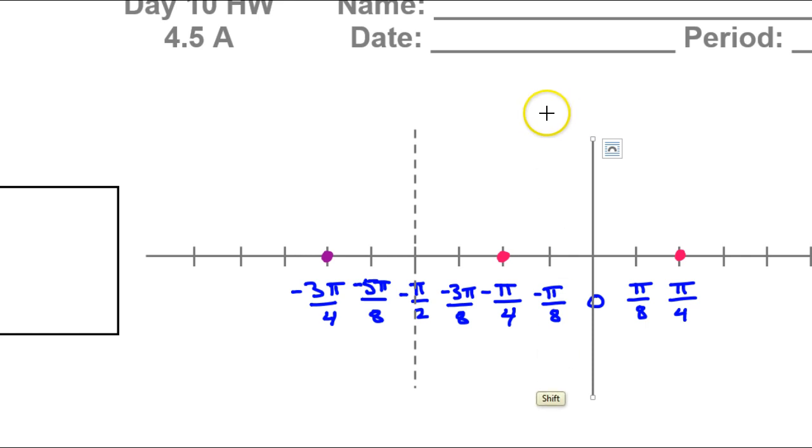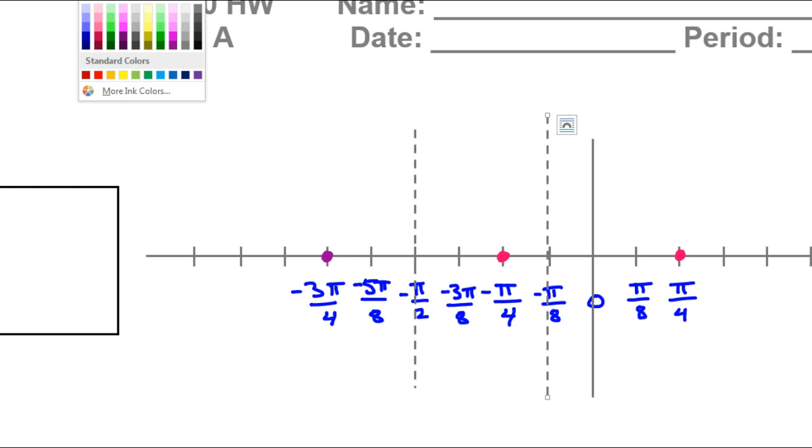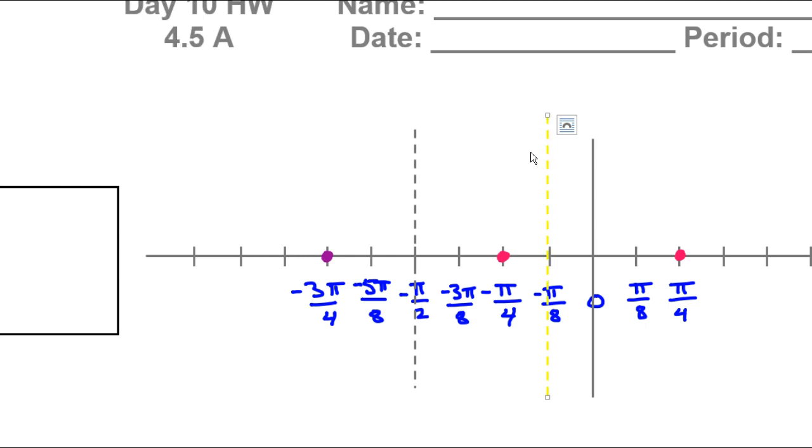Alright, but the point is I have a vertical asymptote and the y-axis kind of in the same place. Alright, but I'm going to try to show them both. But I think I'll make this one yellow so that it will show up hopefully on top.